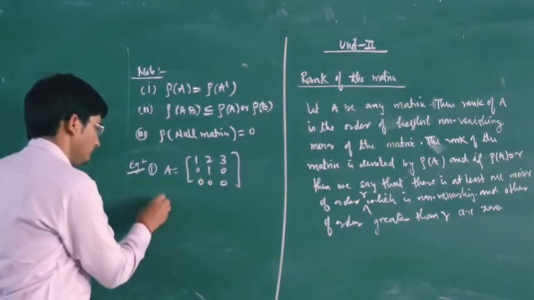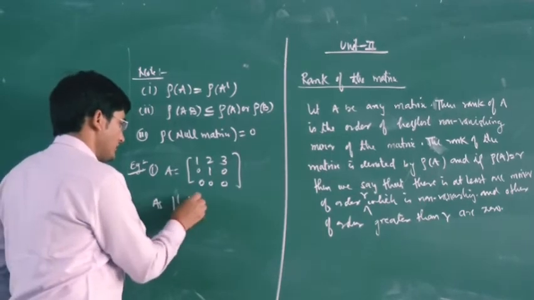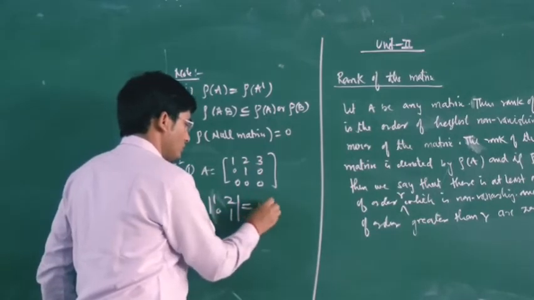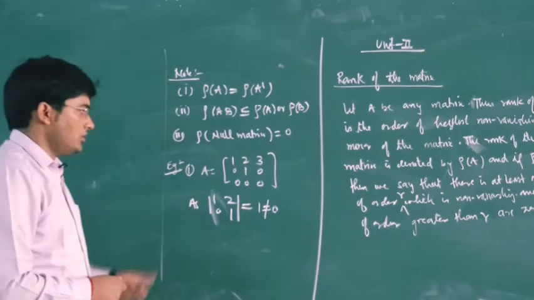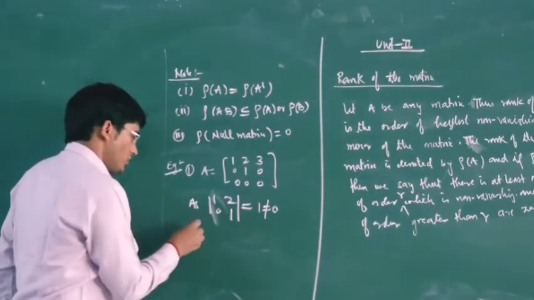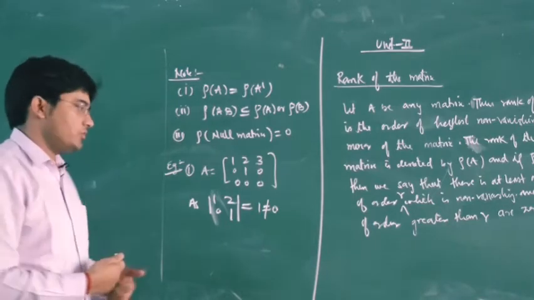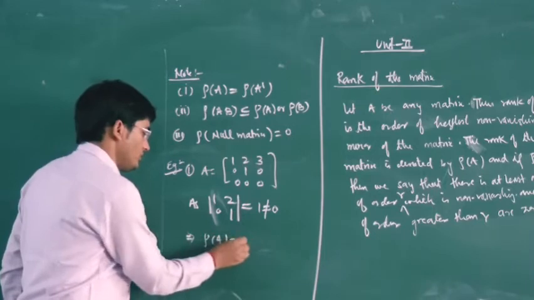As there exists a minor whose determinant is non-vanishing, equal to 1 which is not equal to 0, there exists a minor of order 2 which is non-vanishing, hence the rank of the matrix is 2.